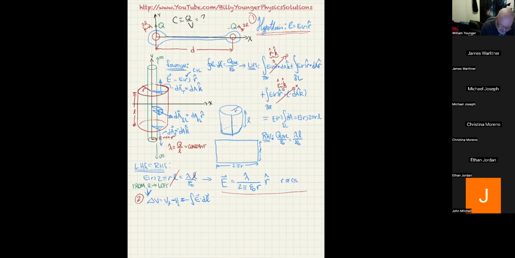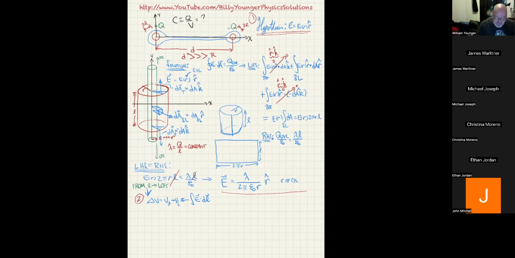So let's say that right from the beginning: d is way, way, way larger than r. That's going to come in handy to make some simplifications. So we can just say the x coordinates are a pretty good indicator of how far away from the wire you are, because we really should be going from the center anyway.